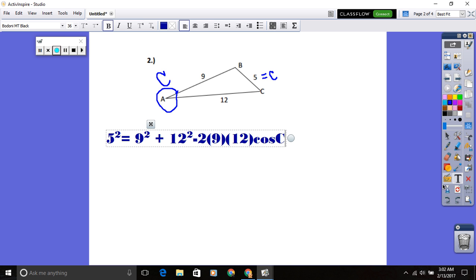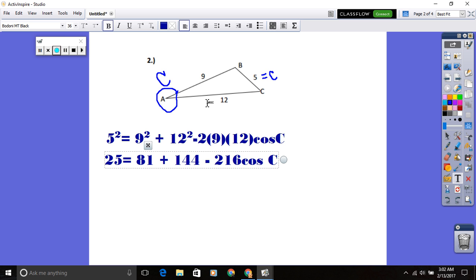Alright, so now we're going to start doing the math. Now, this one you can't just type directly in your calculator. We're going to simplify everything and then solve it algebraically. So 5 squared is 25 equals 81 plus 144 minus 2 times 9 is 18 times 12. 9 times 12 gives me 216 cosine of c.